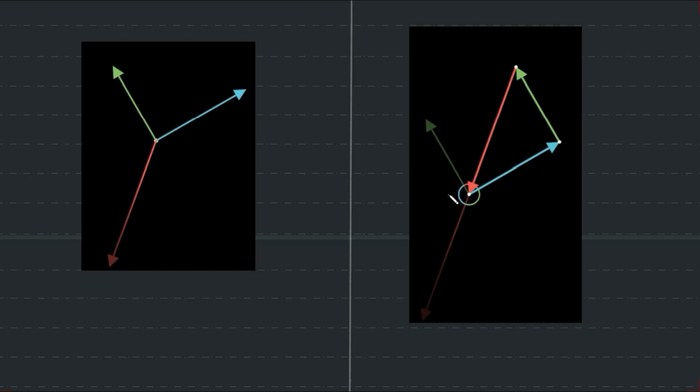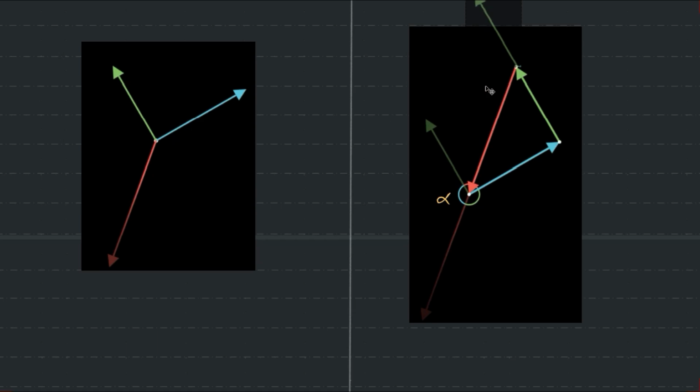I'll call this alpha, right? It's the angle between the tail of the green and red vector. Do you agree? I'll copy the green again and place it over here.